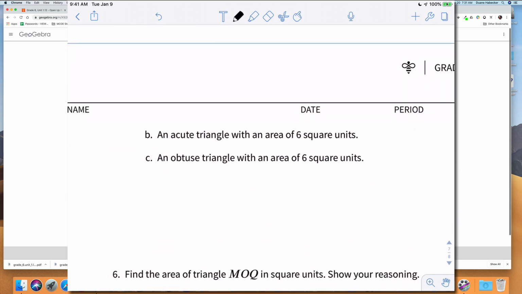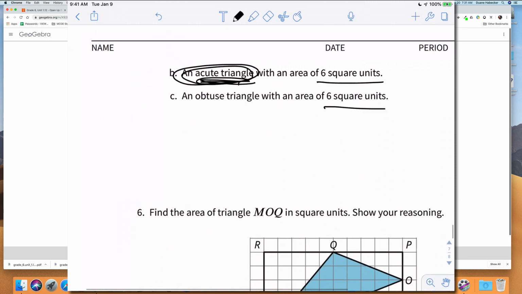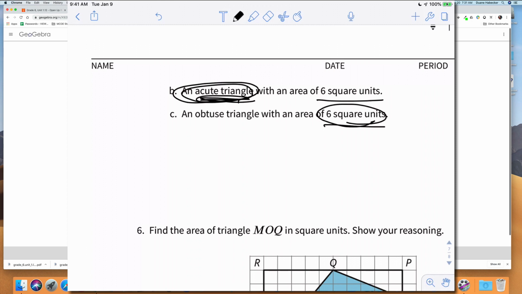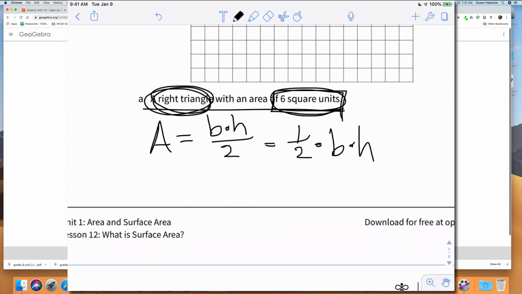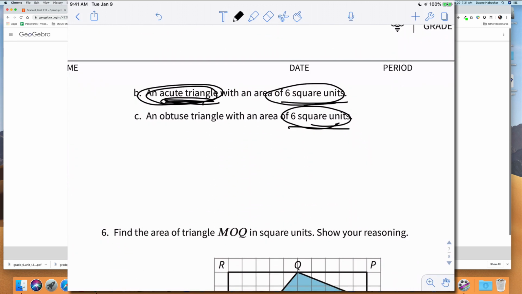Acute triangle, same story. You have to remember what an acute triangle is, but you remember that the formula is base times height divided by 2. Now there's going to be some beautiful patterns, because are you noticing that they always have the area is 6, which means you can keep the base constant, and keep the height constant as well, and then just move the vertex for that top triangle.